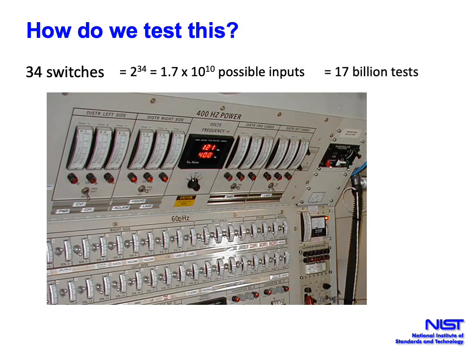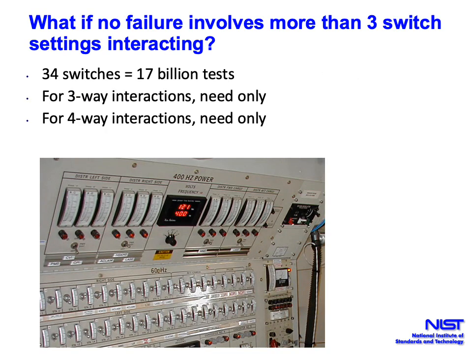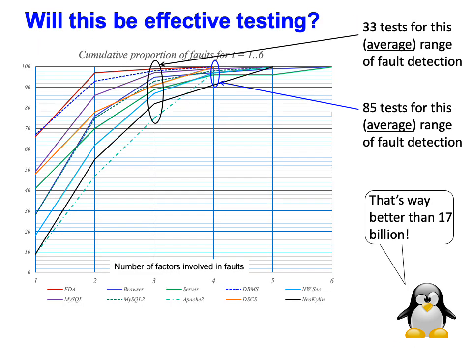We certainly don't want to do 17 billion tests, but if we think that no failure involves more than 3 switch settings interacting, then we only need 33 tests to cover all three-way interactions. We can cover four-way interactions with 85 tests, and so on. Only a few hundred are involved in testing all 5- and 6-way combinations if we wanted to do that.